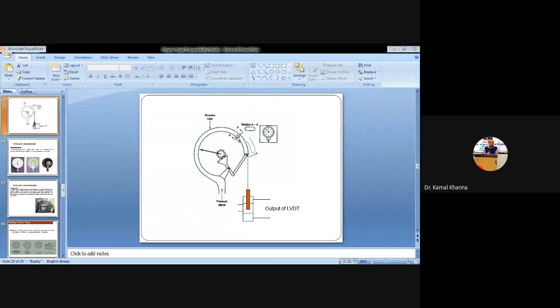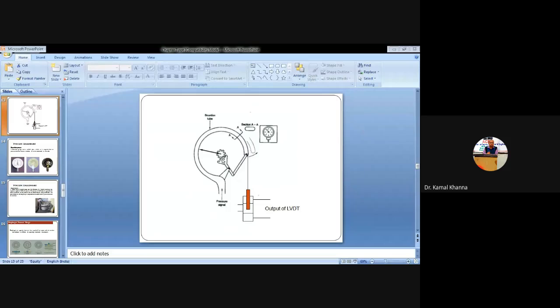And this Bourdon tube is being calibrated in terms of the atmospheric pressure, and also it is graduated with the help of some standard gauge. This instrument is also capable of giving the direct reading and can also be used to measure low pressure. So as soon as the fluid with the respective pressure enters into that Bourdon tube, that elliptical shape will expand, and there is a movement in the gear.